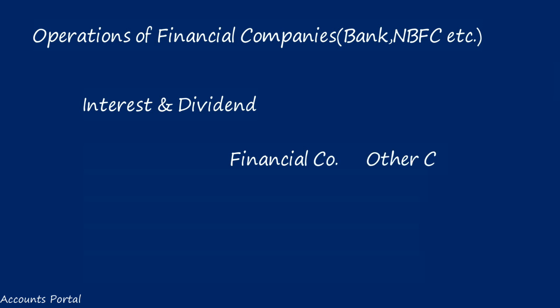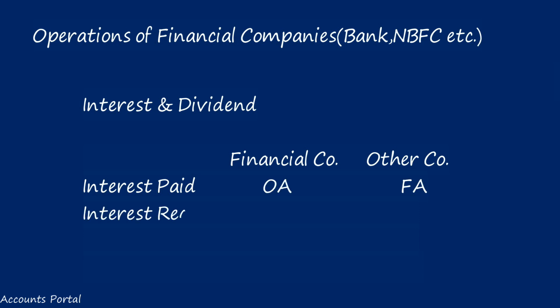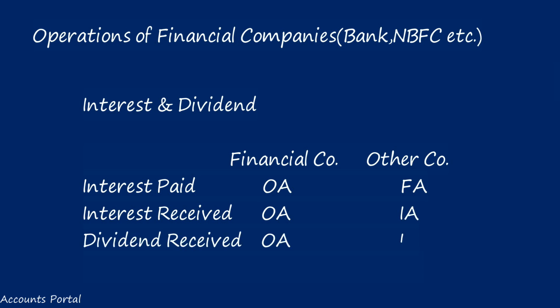Interest received by a financial company is operating activity; for others, investing activity. Dividend received by a finance company is operating activity; for others, investing activity. Dividend paid by a finance company is financing activity, and for other companies also, financing activity.